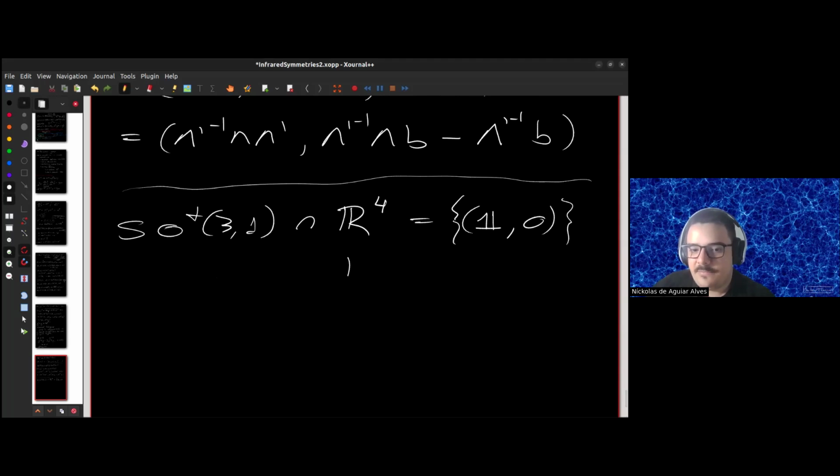Because since I am dealing with a translation, I can't have a Lorentz transformation. Since I'm dealing with a Lorentz transformation, I can't have a translation. So the only way that can happen is if they both are the identities. So I get the identity.